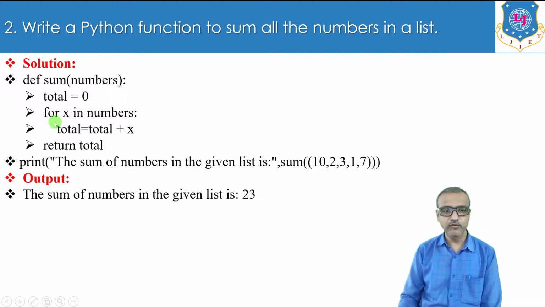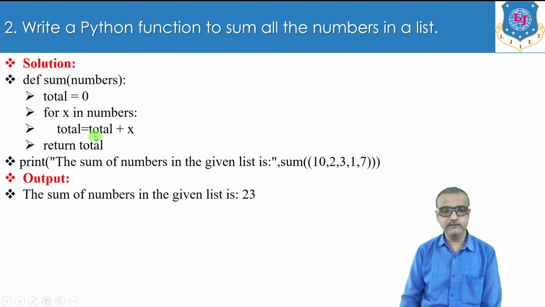Now this is the for loop: for x in numbers. It means for every x in the list named numbers, we will write total equals total plus x. Initially the value of total is 0, and it will take the first value of x, add 0 to x and assign the value to total.